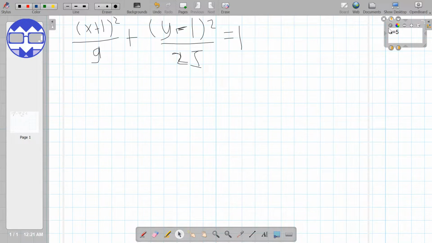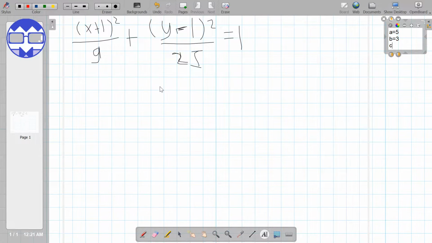B is the smaller number, which is 9 here, so the square root of 9 is 3. So B equals 3.